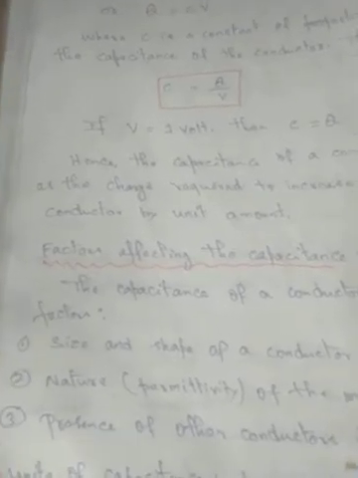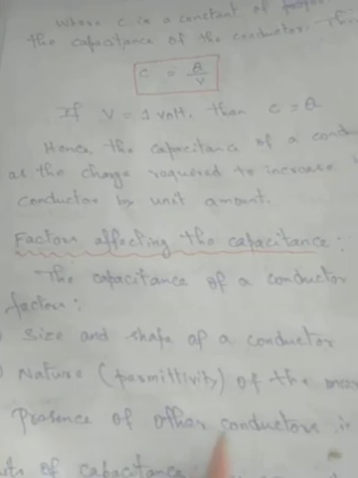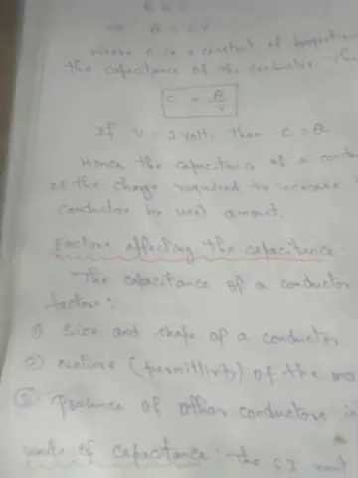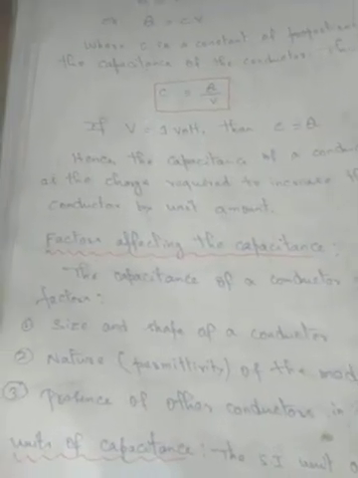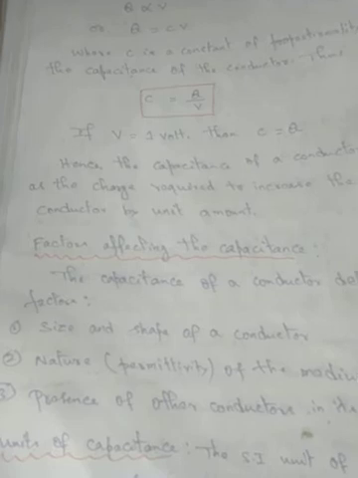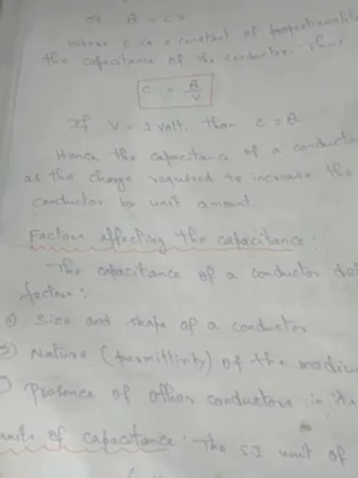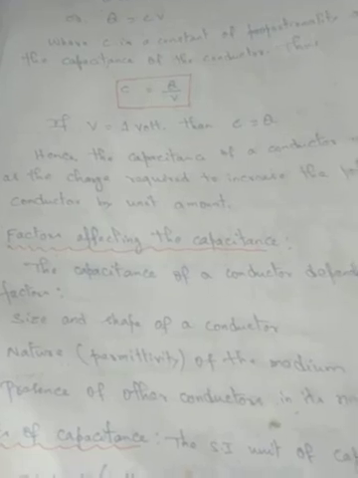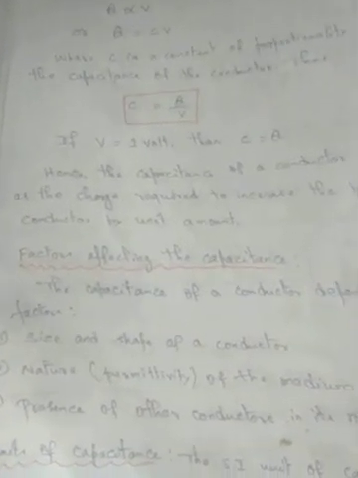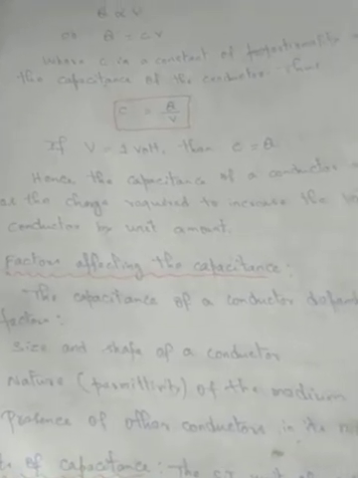Number 2, the capacitance depends on the nature of the medium, or in other words, the capacitance depends upon the permittivity. Number 3, the capacitance of a conductor also depends upon the presence of other conductors in its neighborhood. These are the factors which affect the capacitance of a conductor.